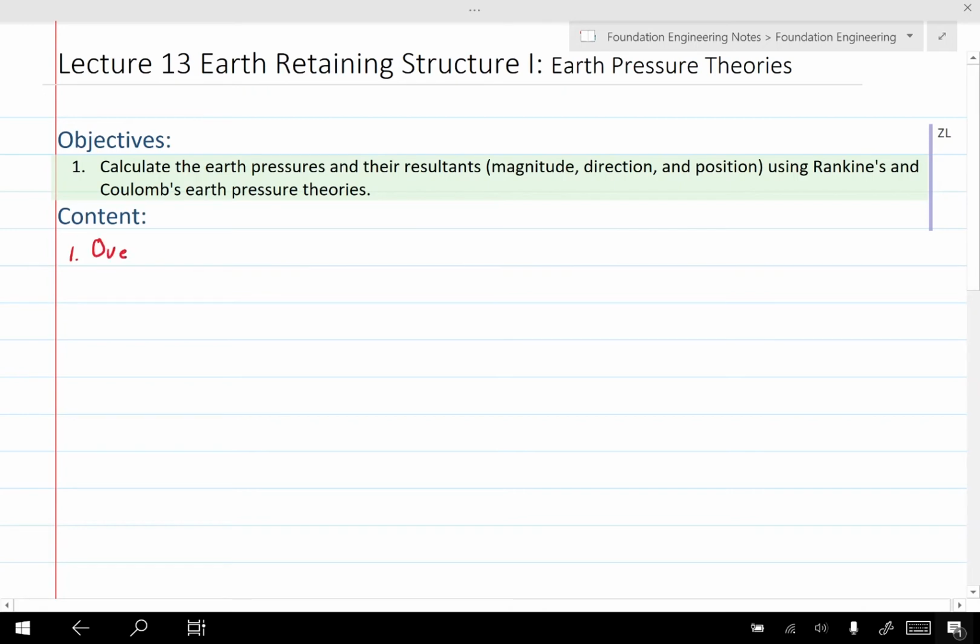So it's an overview of the earth pressures. When we say earth pressures, actually we are referring to the lateral earth pressures.